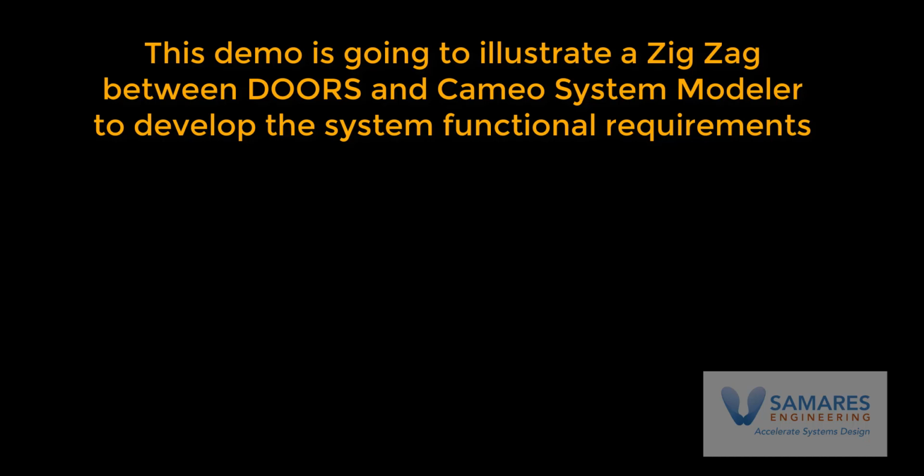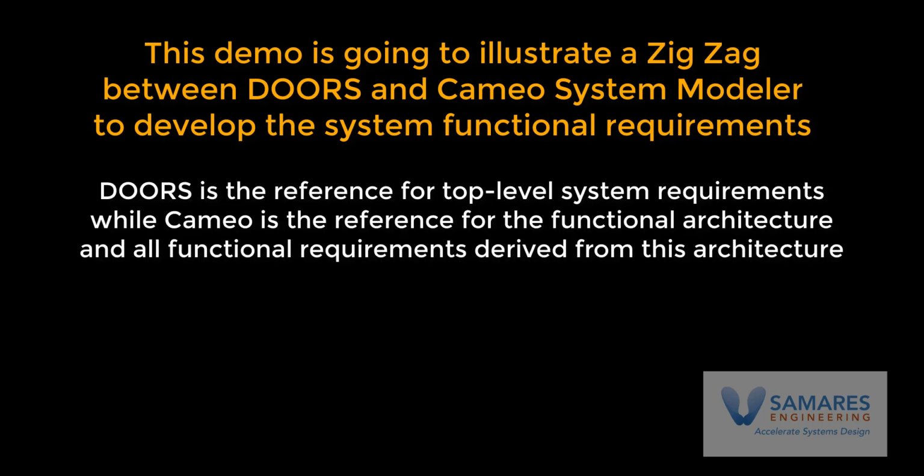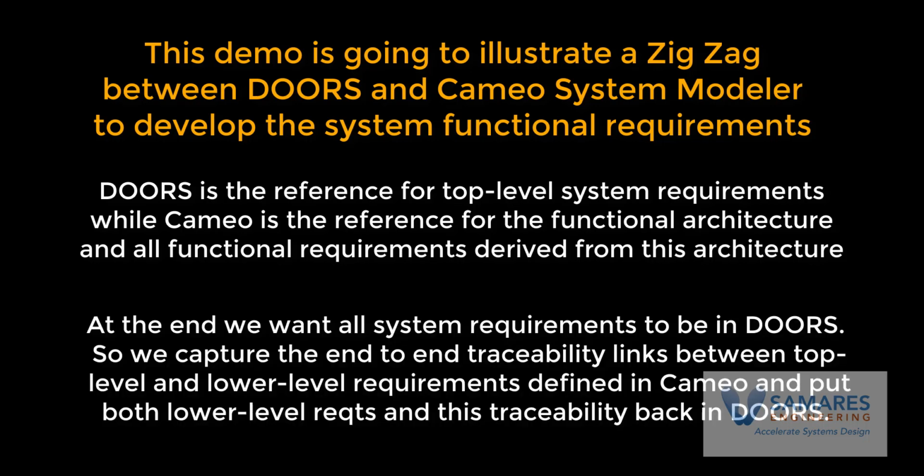Hello everyone, what you are going to see in the next demo is a zigzag between DOORS for the top level requirement, then Cameo Systems Modeler for the functional architecture traced to the top level requirement, then refinement with lower level, and finally creation of traceability links to some lower level system requirements that are put back into the DOORS database, the end of the zigzag.